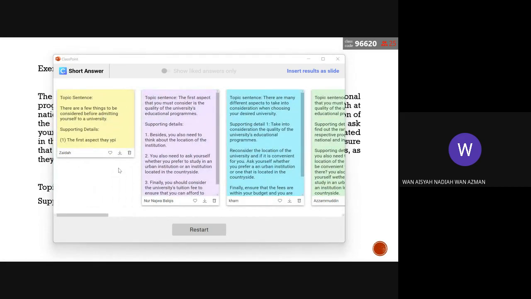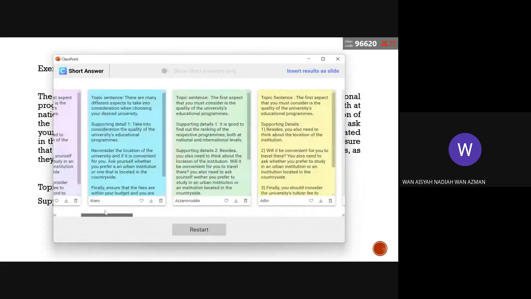So the appropriate or the suitable topic sentence would be just like what Zaidah has written. There are a few things to be considered before admitting yourself to a university or camp. Okay, there are many different aspects to take into consideration when choosing your desired university.